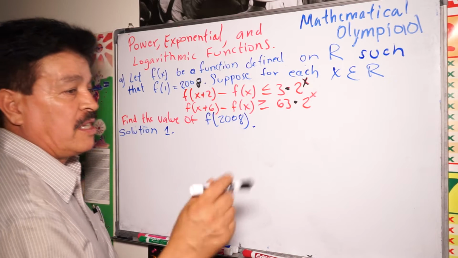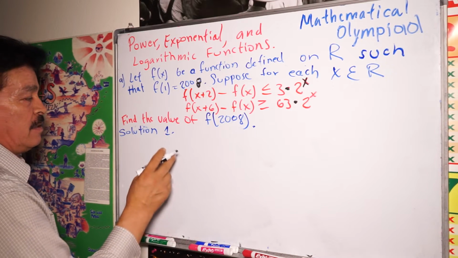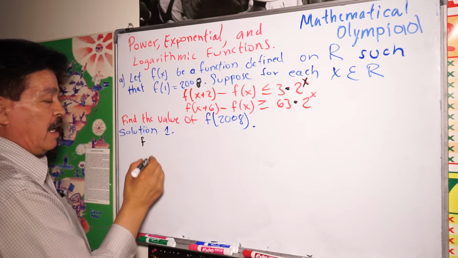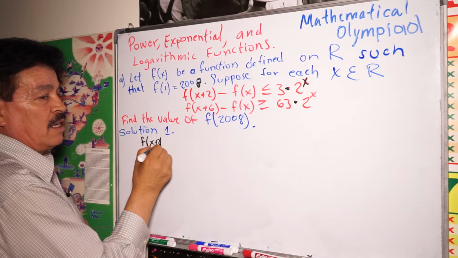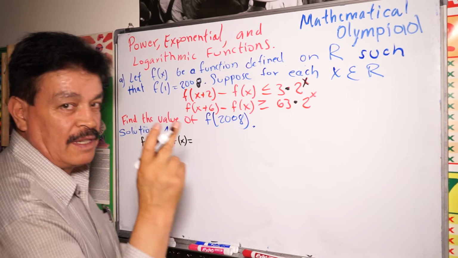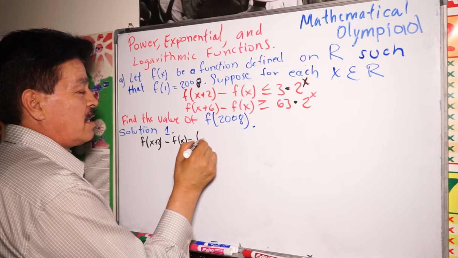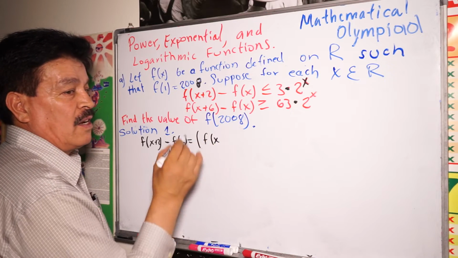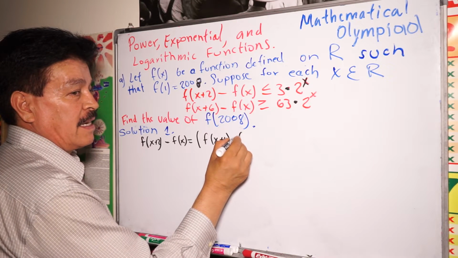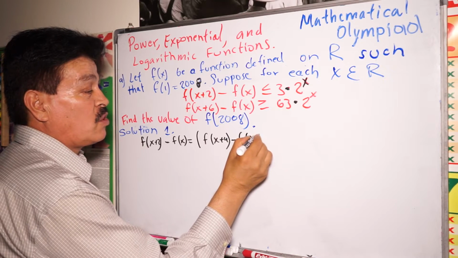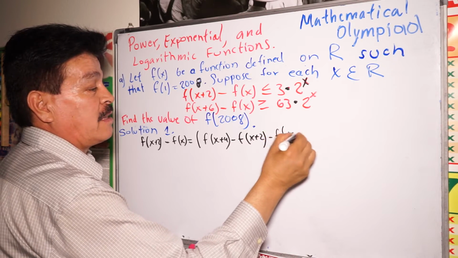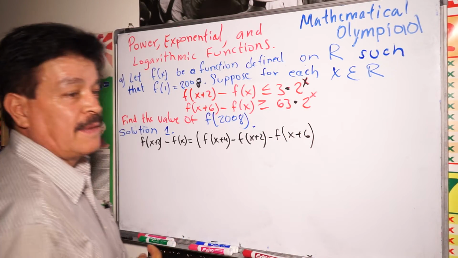Here, f(x+2) minus f(x) equals f(x+4) minus f(x+2), minus f(x+6).